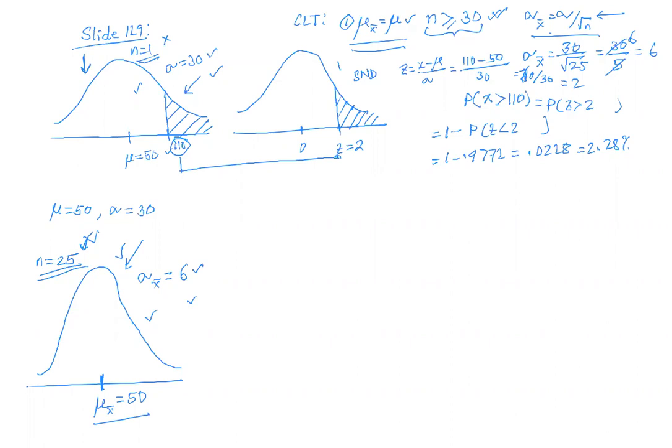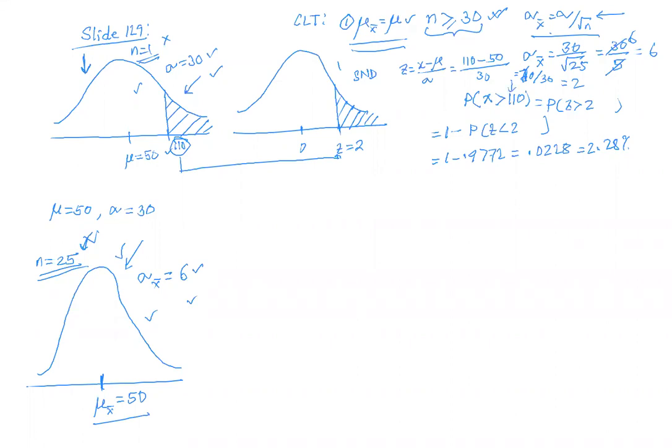Okay, all right, there you go. Find the probability that, I meant to say 110. So I changed it, but you won't see the change because I want to keep both of these numbers the same. X greater than 120.